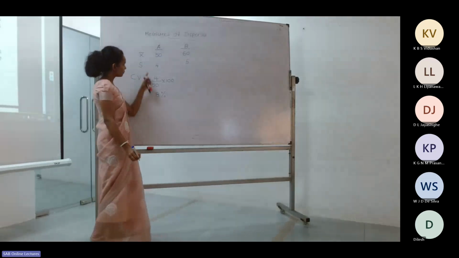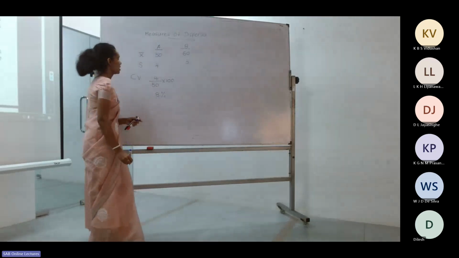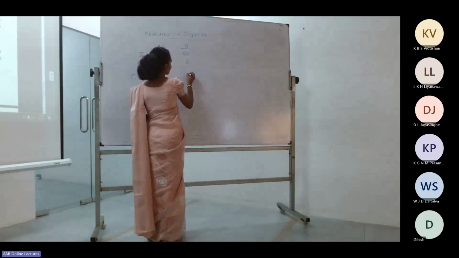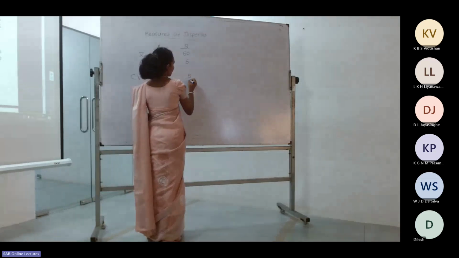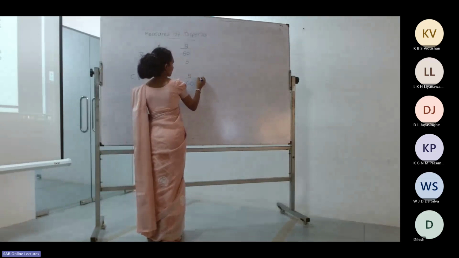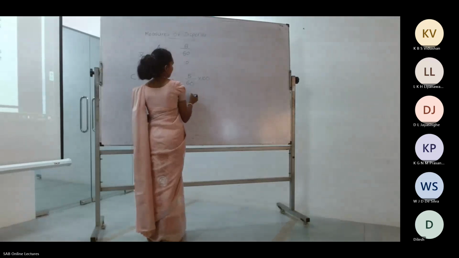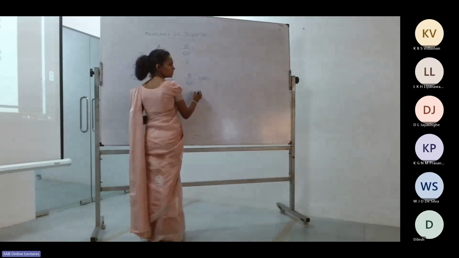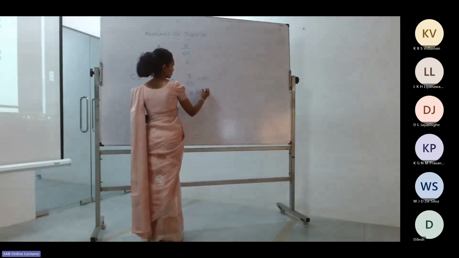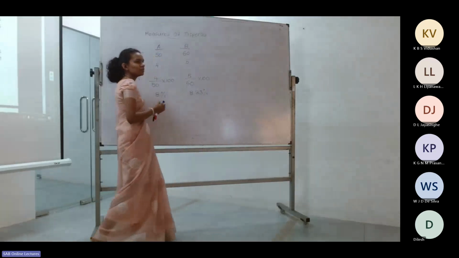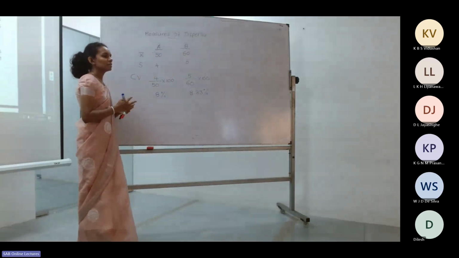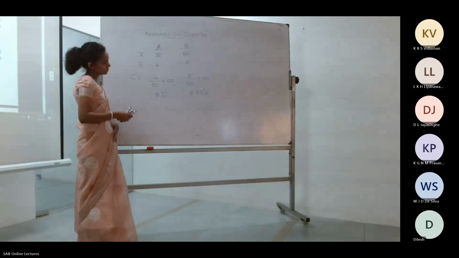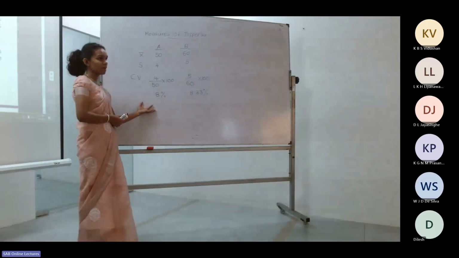So the CV value of class A is 8%. Then class B: 5 divided by 60, multiplied by 100, which is 8.33. These are the two CV values.